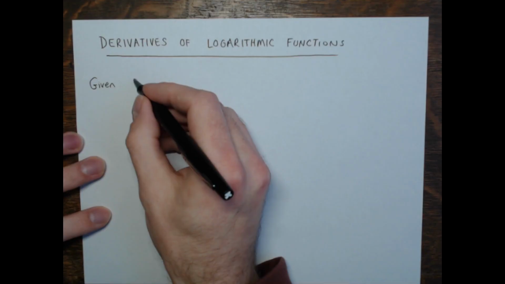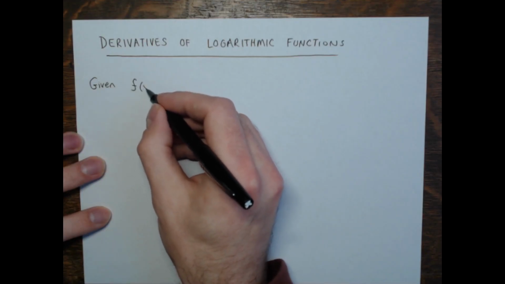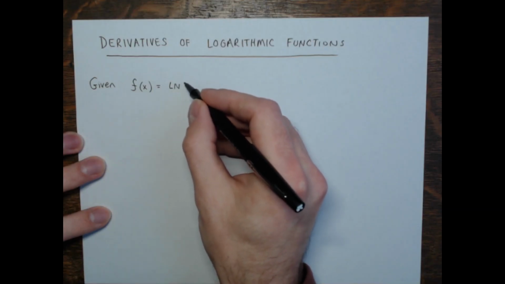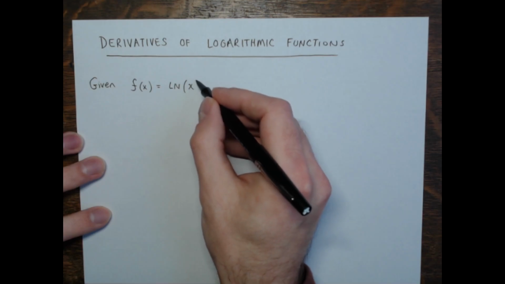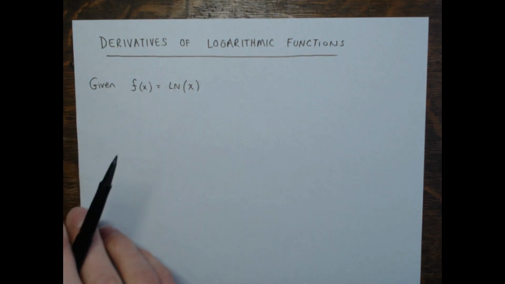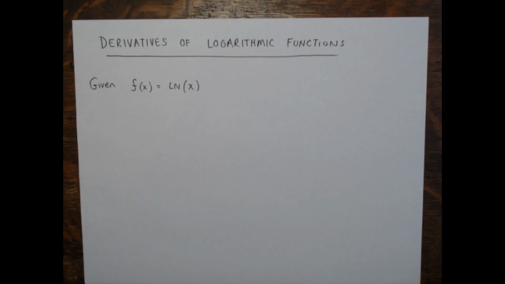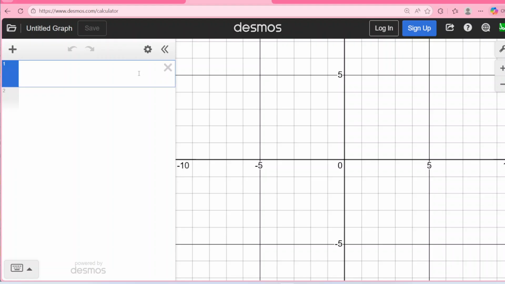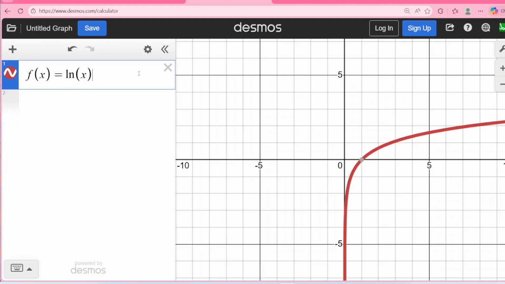So say we're given f of x equals the natural logarithm of x. And just to refresh you as to what that looks like, remember your log functions with a base larger than 1. Here I am at desmos.com. It's a free online graphing calculator site. So remember, here was the natural log or log base e of x, right? You had 1, 0.